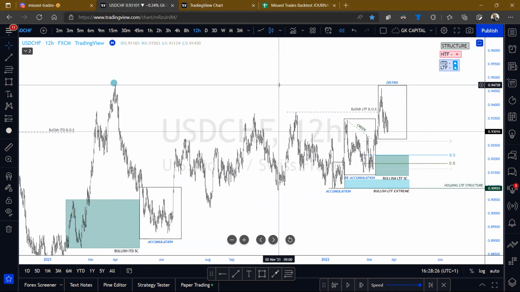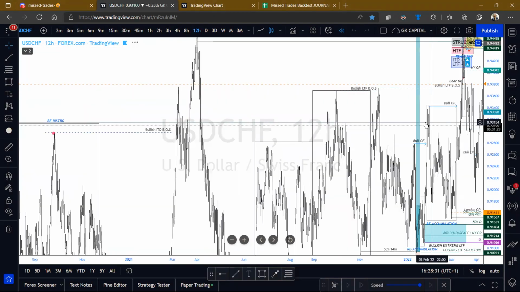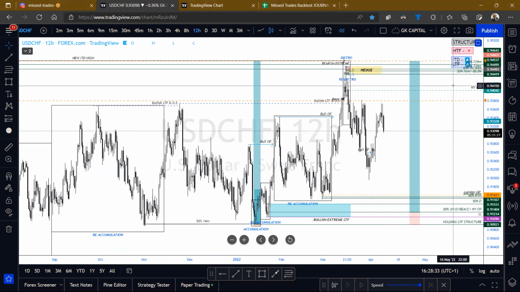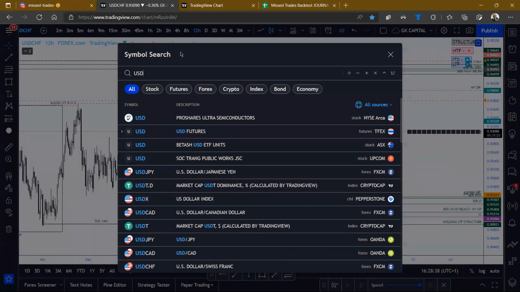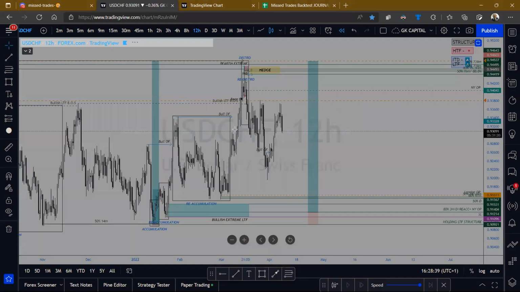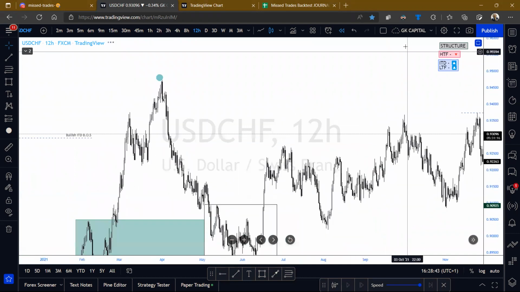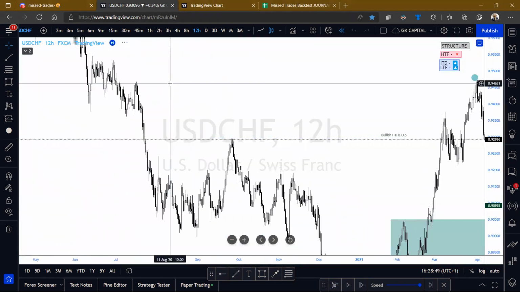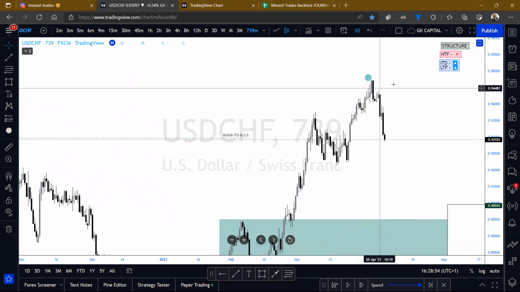Can't remember which one it was now. Let me see. It was the 739. Somewhere in there. 739. Yeah, that candle here.